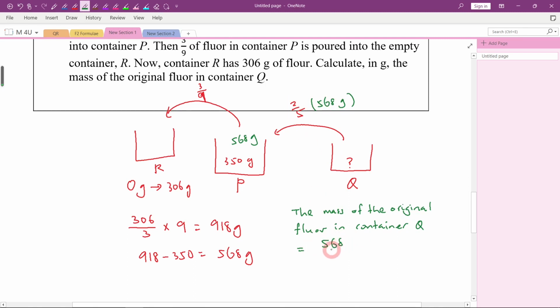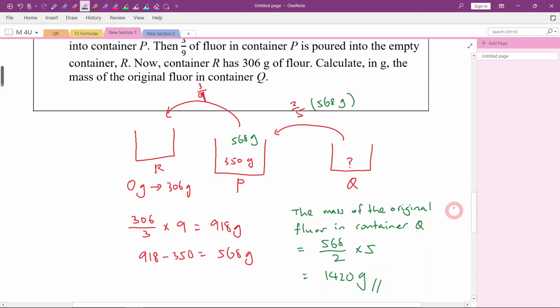I want to find 1 part, so divided by 2. Then total 5 parts, times 5. So you will get the original mass. 568 divided by 2 times 5 is 1420 grams. So this is how we solve this question.